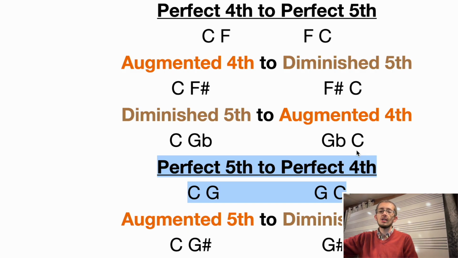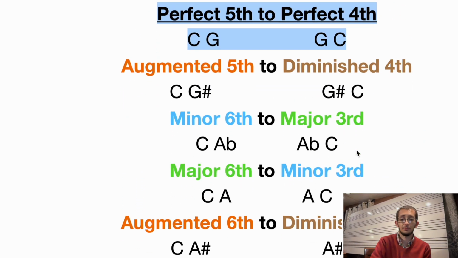We have G to C. C is the fourth note in the G major scale. Therefore, it is a perfect fourth. So C to G was our perfect fifth. Then we raised the C up an octave, and it became a perfect fourth. So perfect fifths and perfect fourths are inversions of each other.